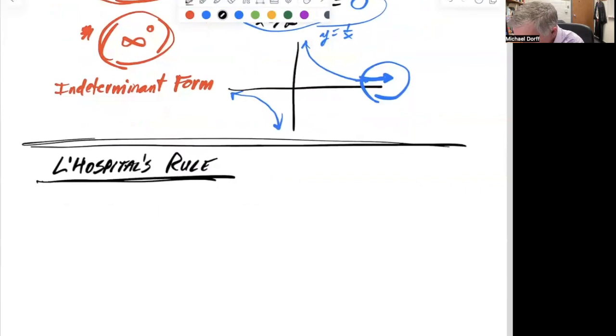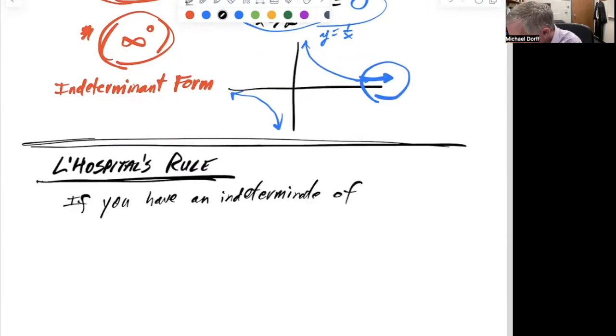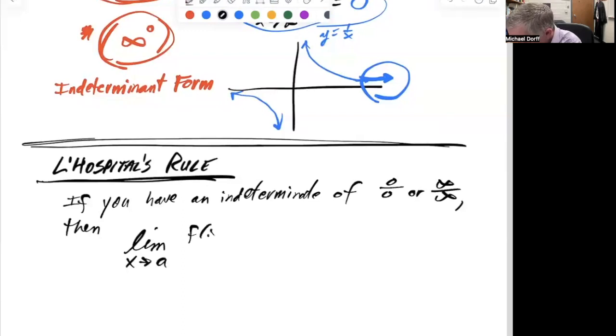So L'Hopital's rule says if you have an indeterminate form of 0 over 0, or infinity over infinity, then the limit as x goes to a of f of x over g of x is going to equal the limit as x goes to a of the derivative of f over the derivative of g.